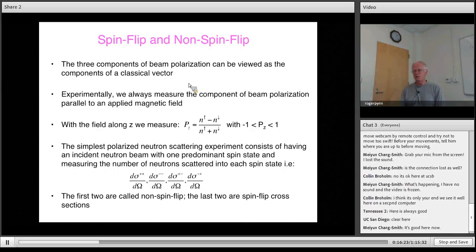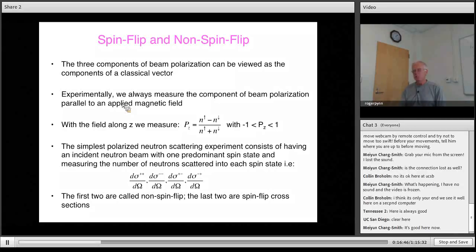So experimentally, always what we'll be doing when we measure a beam polarization is measuring a number of neutrons whose spins are parallel to the magnetic field, and a number of neutrons whose spins are anti-parallel to the magnetic field. In other words, the number that are up and the number that are down.